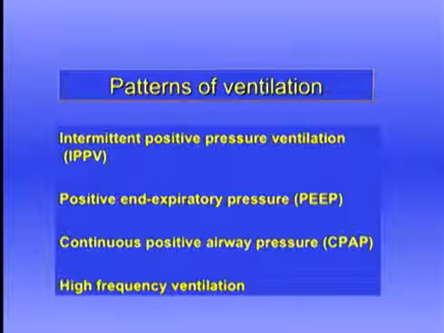And finally, there's a rather exotic form of ventilation called high-frequency ventilation, where the patient is not ventilated per se, but the air is vibrated, as it were. It's something like 20 cycles per second, very, very fast ventilation. And the tidal volumes are small, but the high rate of ventilation is very effective.